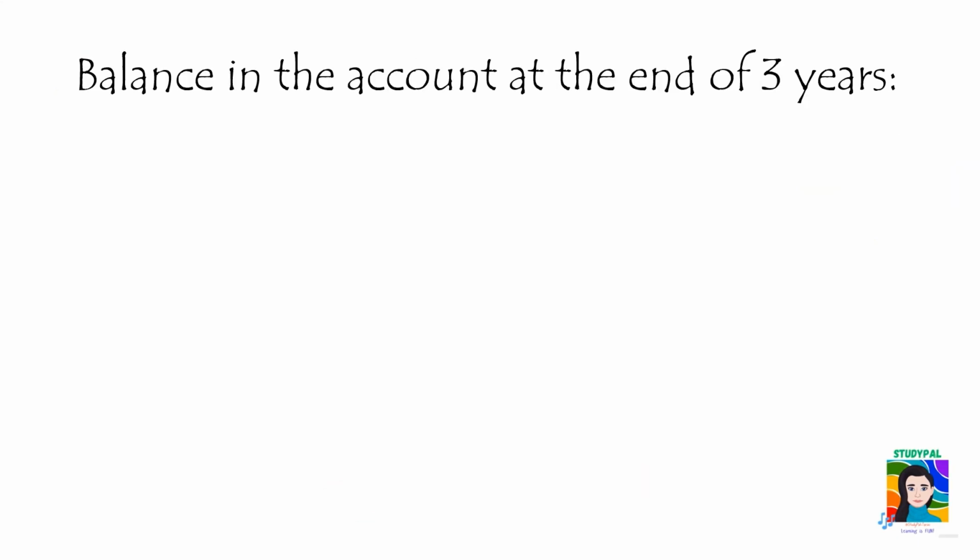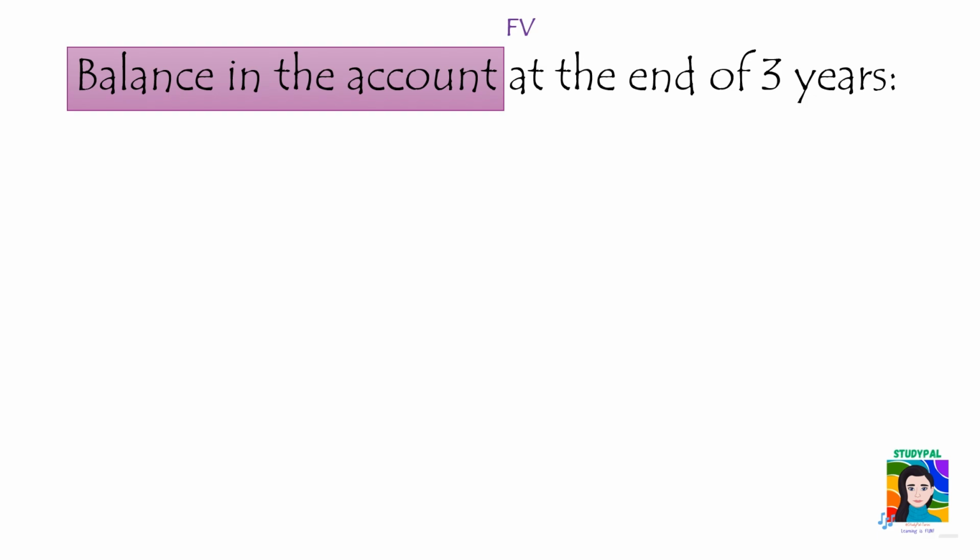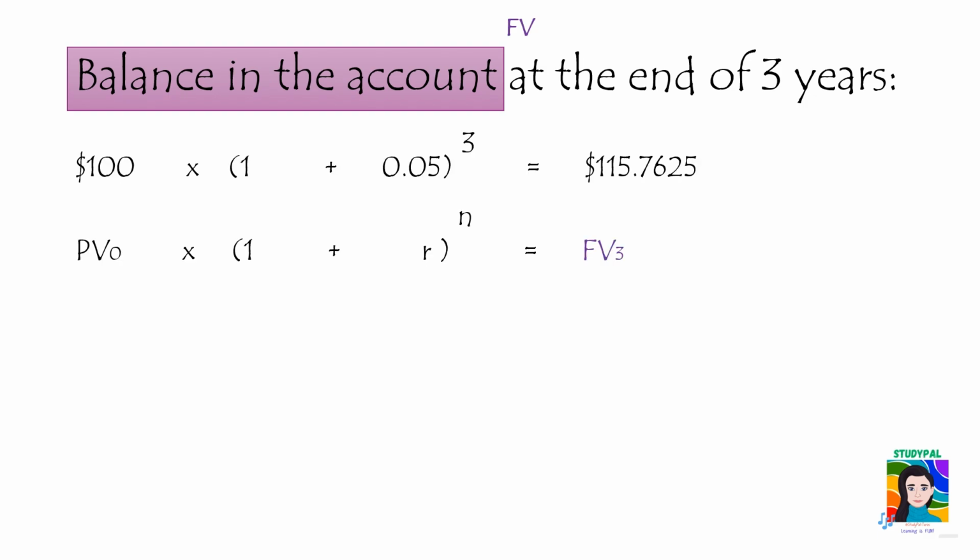So here again, to sum up, what is the balance in the account at the end of 3 years? By that, what we mean is the future value. And how did we calculate it? $100 times 1 plus 0.05, which is the rate, to the power 3.